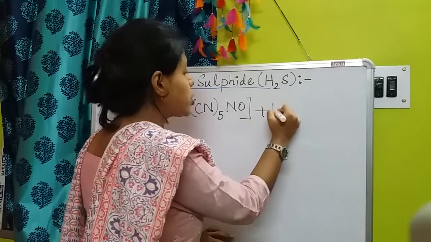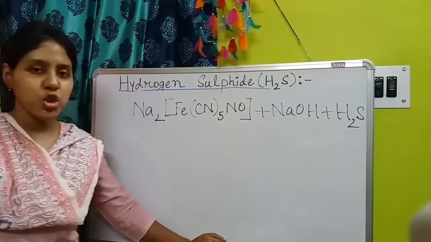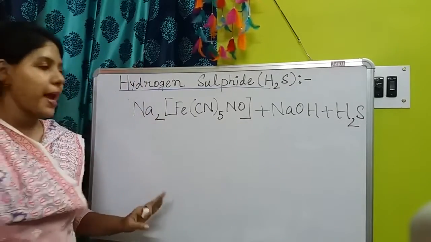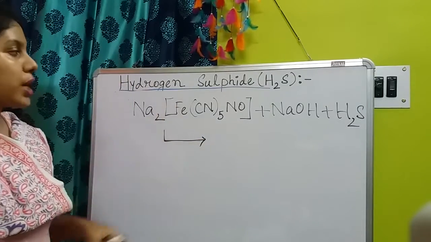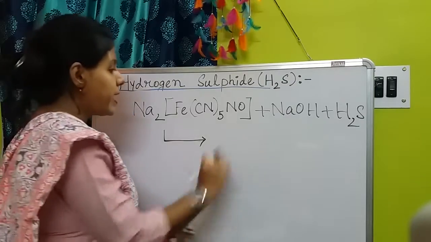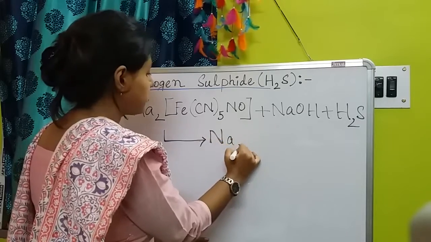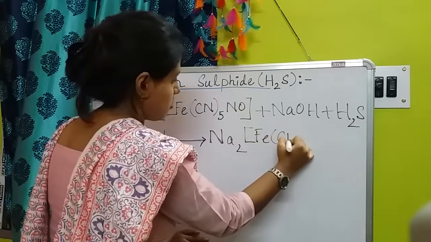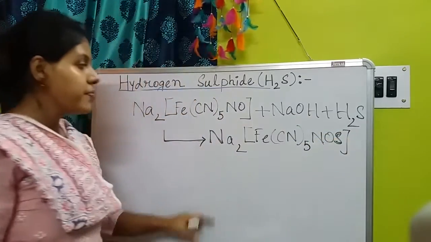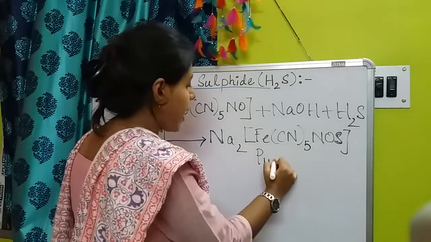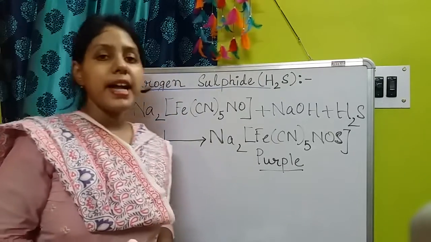So in its alkaline solution, whenever we are passing H2S gas through the alkaline solution of sodium nitroprusside, the solution which was colorless initially will be converted into a purple color solution, forming this compound Na4[Fe(CN)5NOS]. This compound will be formed which has a purple or violet color. So by this method H2S can be identified.